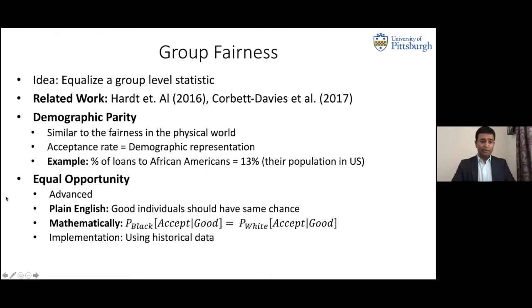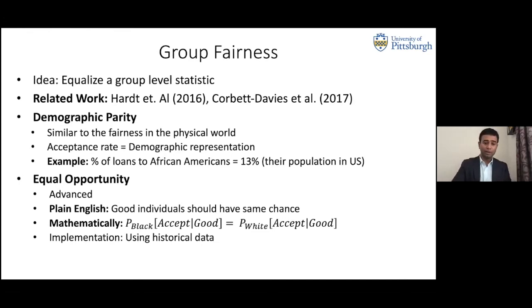And then we have another example, which I call a slightly advanced notion of equal opportunity. There can be slight differences between the terminologies used in economics and in computer science, but let's focus on the meaning of these notions. I call it slightly advanced because it says that you don't have to be fair with everybody. You have to be fair with only good people.